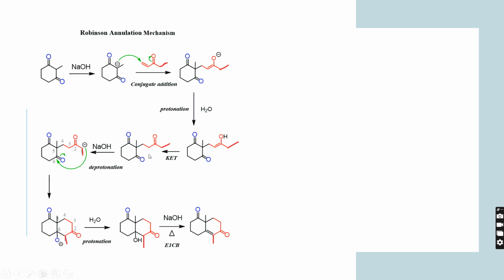I hope you are getting what I'm trying to say. If you abstract a proton from this particular position, you will get an anion which is going to attack at the carbonyl to give you 1, 2, 3 and 4, a 4-membered ring which will be highly sterically hindered.